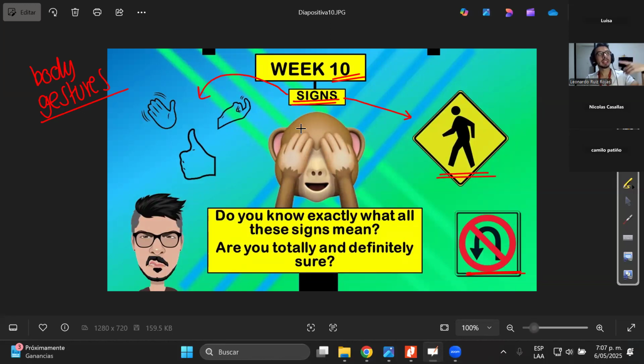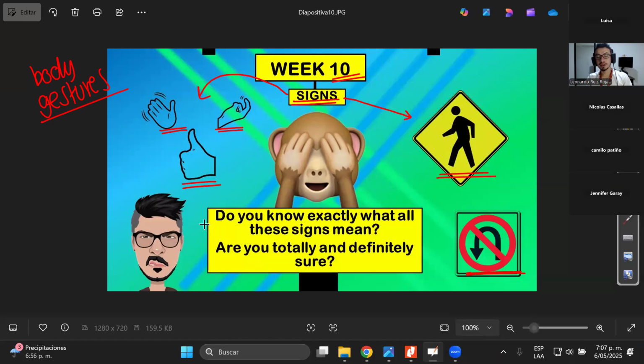Not signs that we can see on the wall or on the street, but signs that people send with their body, right? For example, this sign, or this one, when people do like this, or like this. They have different meanings, because they are different kinds of signs, right?